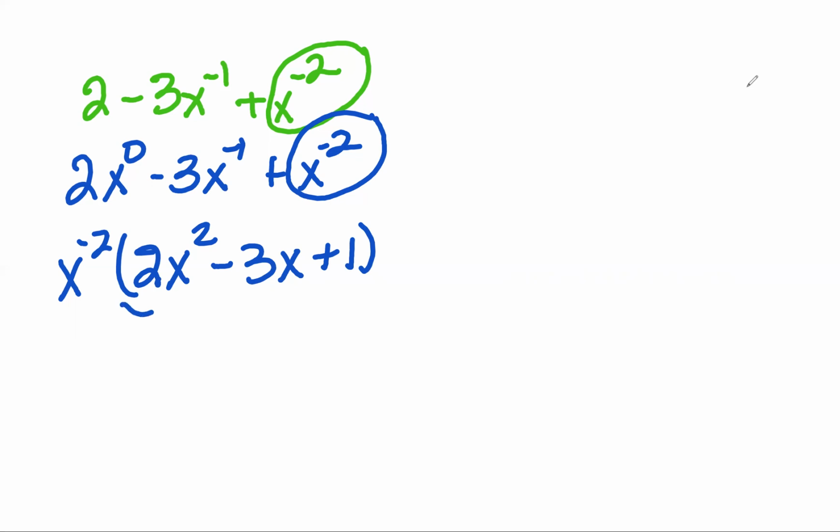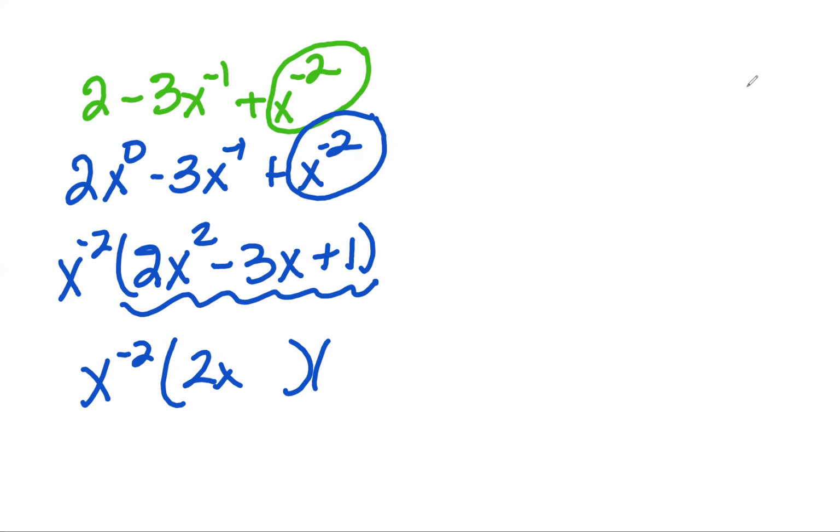Now I want to look, can I factor this piece? So that gives me x to the negative 2 times 2x, and again, however it is that you do your factoring with that, I could say what multiplies to 2 is a 1, 1, and minus, minus. So I have the problem factored.